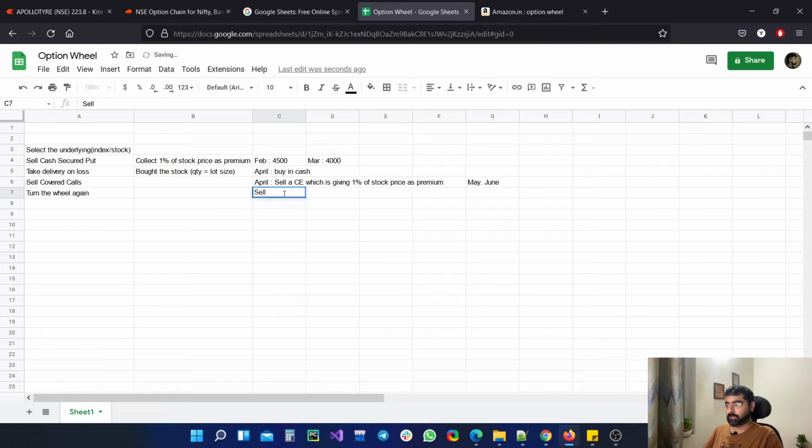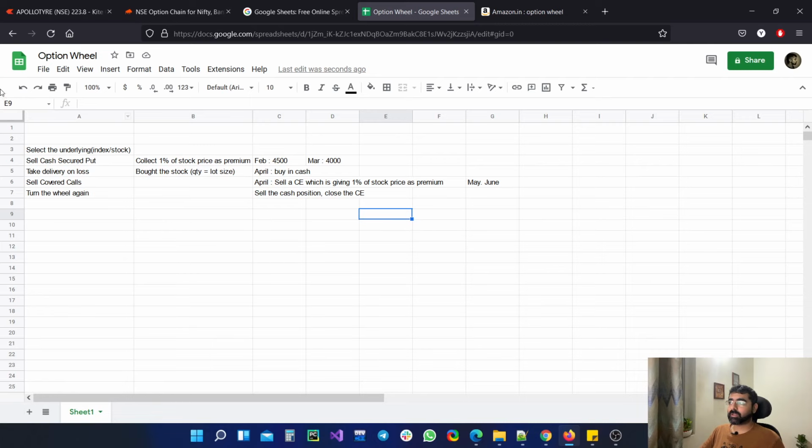So we sell the cash position, and on top of that close the CE as well, because for that month also we must have sold the call. So this is a very basic passive strategy wherein we rotate a wheel, and once we have come down to closing the call, the whole position is closed, and now we can turn the wheel again, which means we can start selling the puts again.